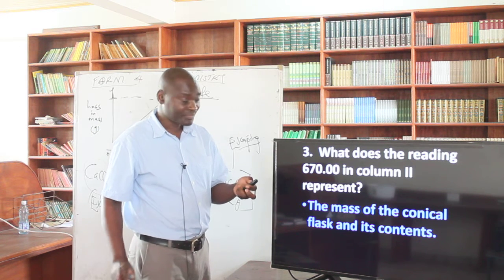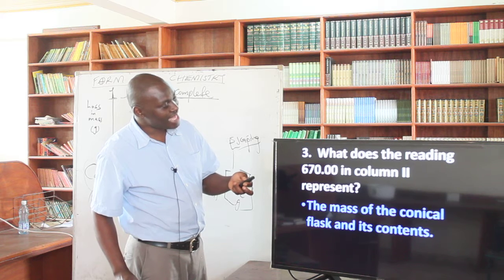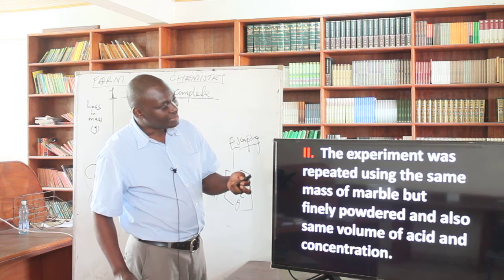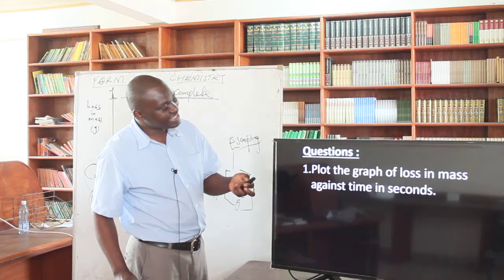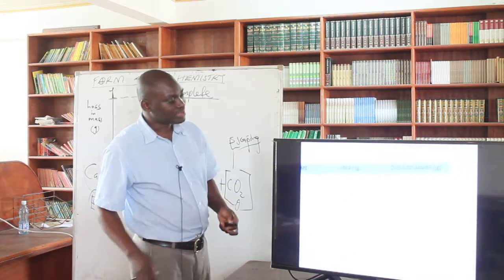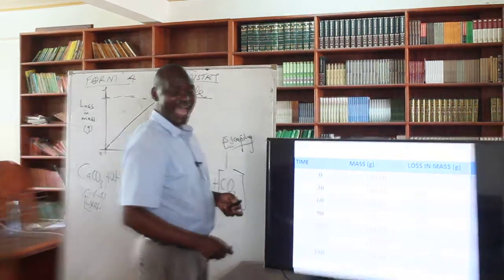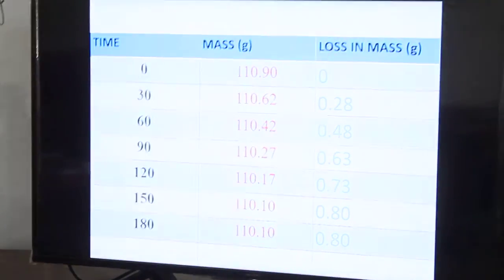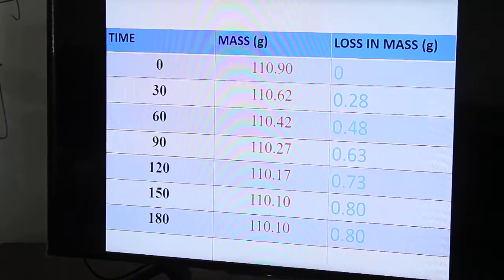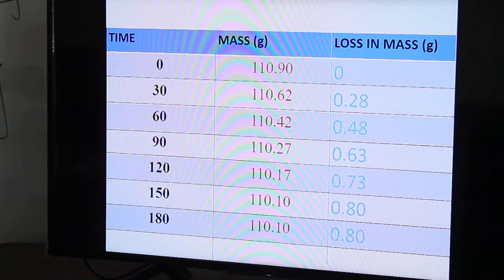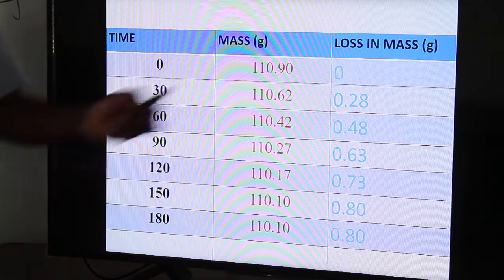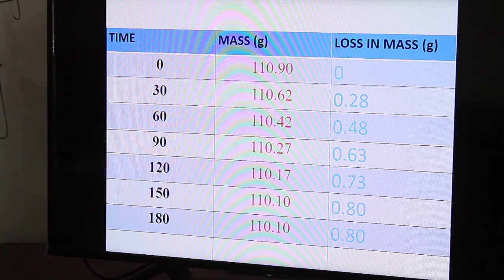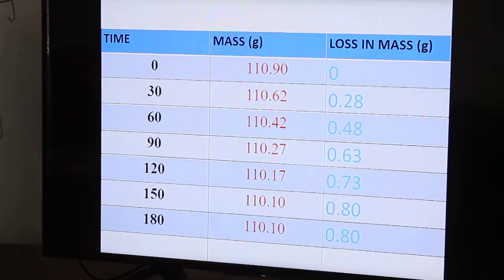For us, we should be talking about this reading: what does the reading 110.9 represent? So the reading 110.9 represents the original mass.